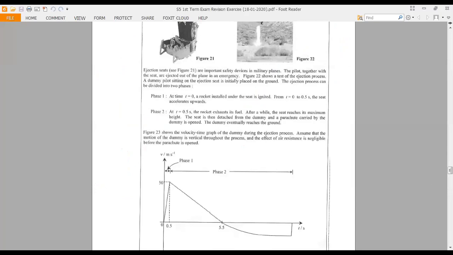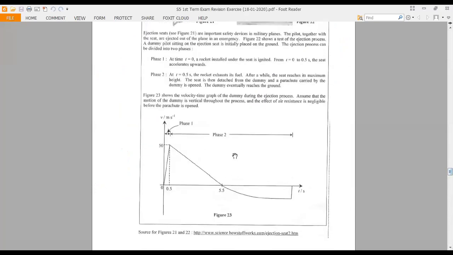Now let's read the question again. You see this curve. For T equals 0, the rocket installed under the seat is ejected. So that means there would be a supportive force from the burning fuel, accelerating upward. And after this point, it reached maximum height. The seat is detached.